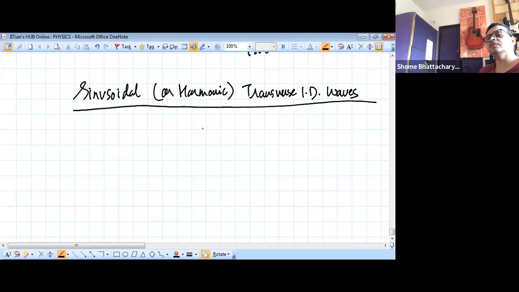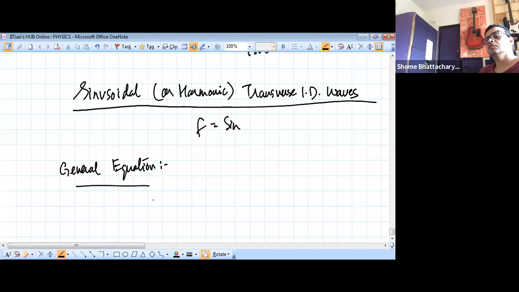So this is just a case where that function is nothing but the sine function. So the general equation of this becomes y is equal to some amplitude A into sine (kx plus or minus omega t plus some phase constant phi).